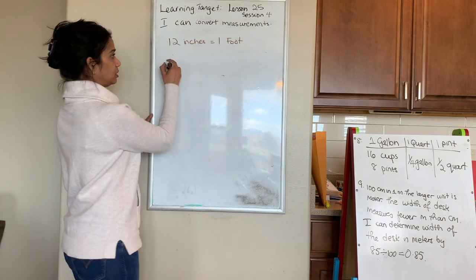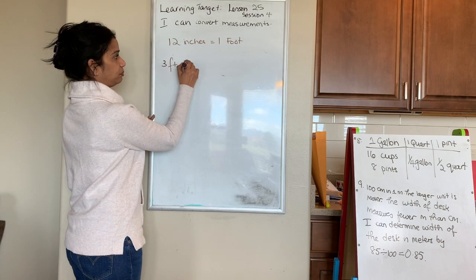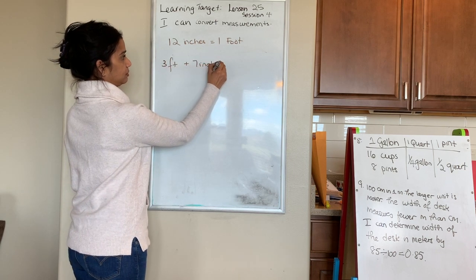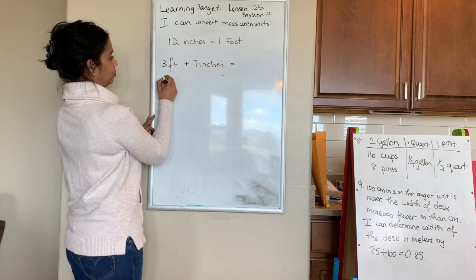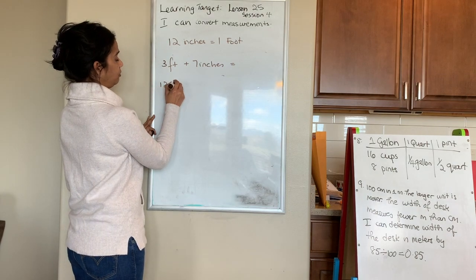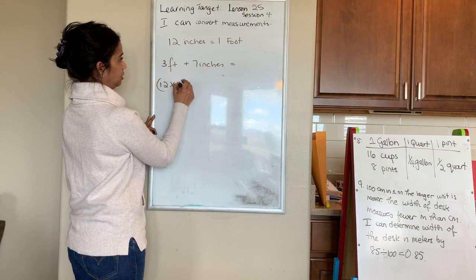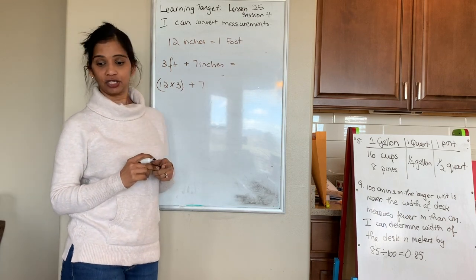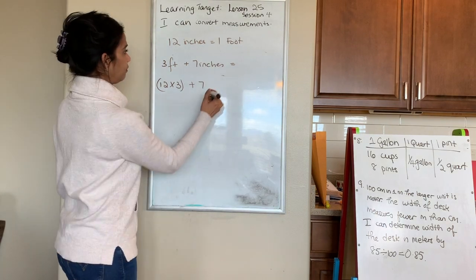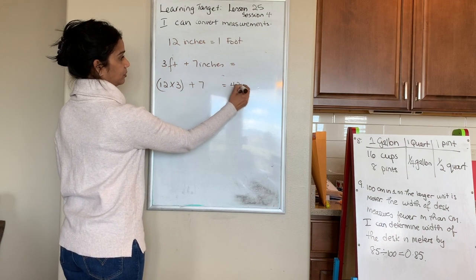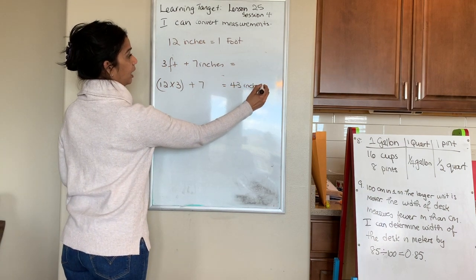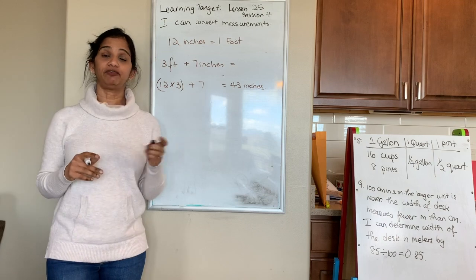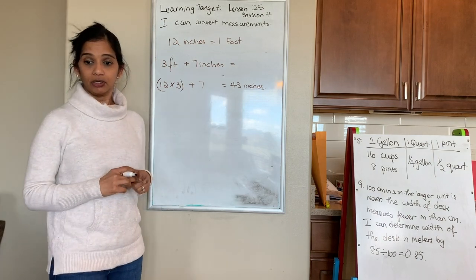So 3 feet plus 7 inches would be what? Here we do 12 multiplied by 3 plus 7. 12 threes are 36. 36 and 7 is 43 inches. I know this might be going fast in real life, but if you guys slow it down, okay?